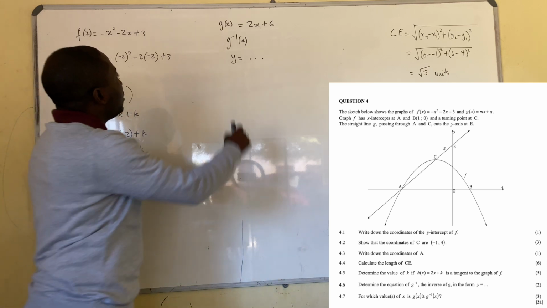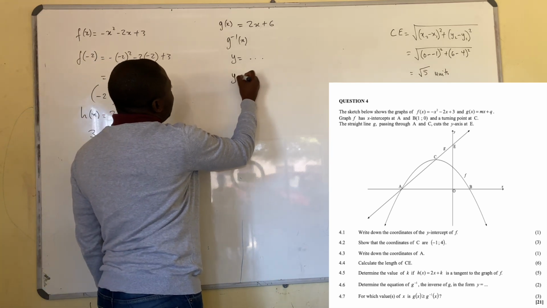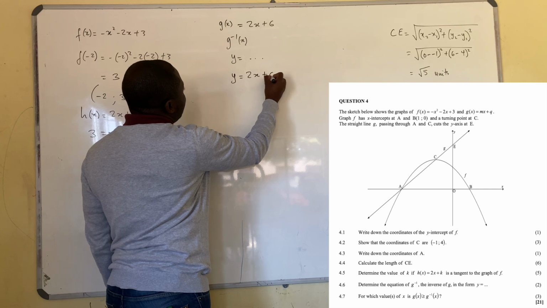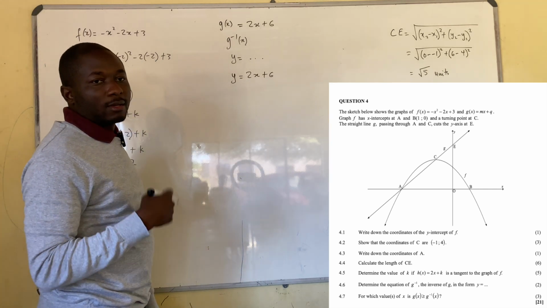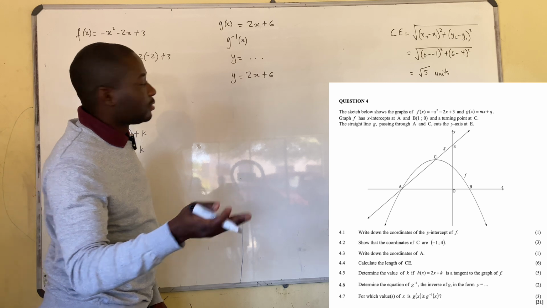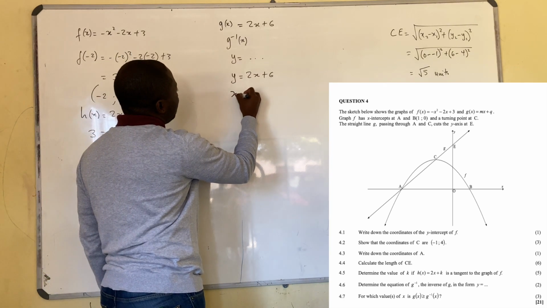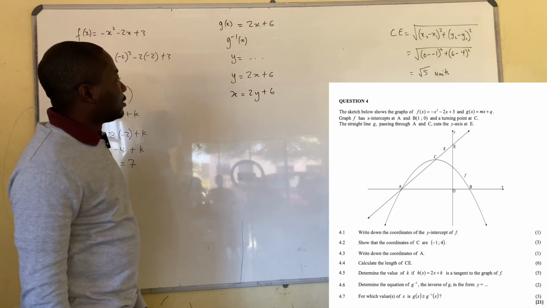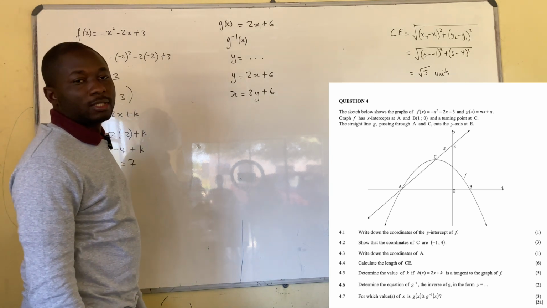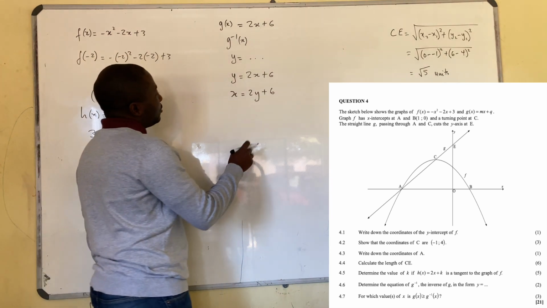So we write g of x as y is equal to 2x plus 6. And then what do we do? We make y x and x becomes y. So x is equal to 2y plus 6. Our task now is to make y the subject. So what do we do there?